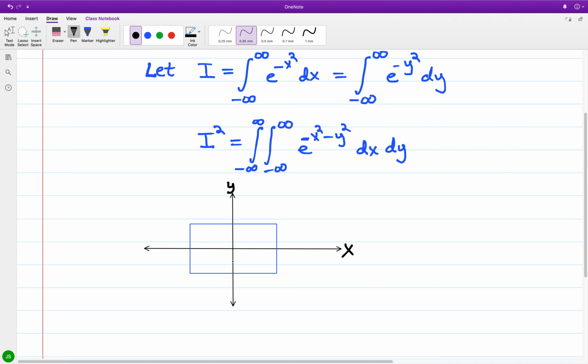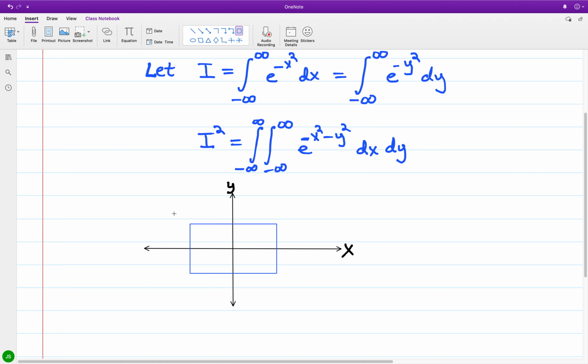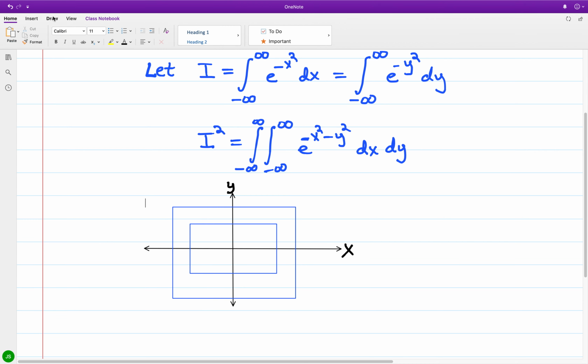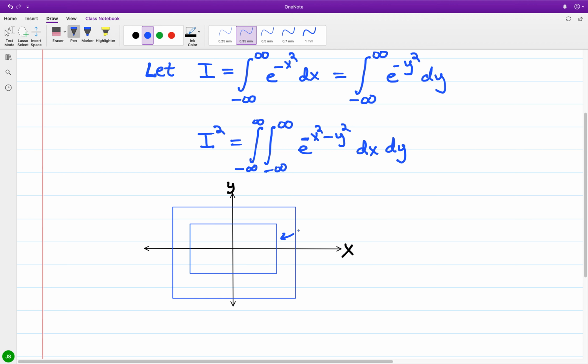For this rectangle, we have the area equal to x times y.